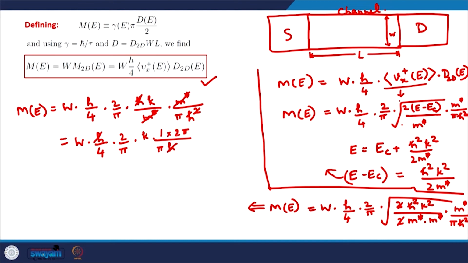So this further cancels out, pi and pi, 2, 2, okay. So what is left with us is W times k by pi.